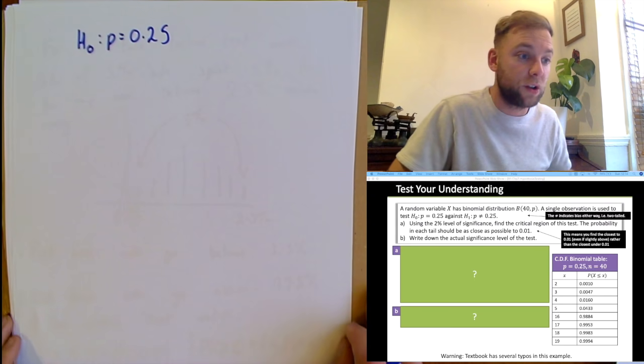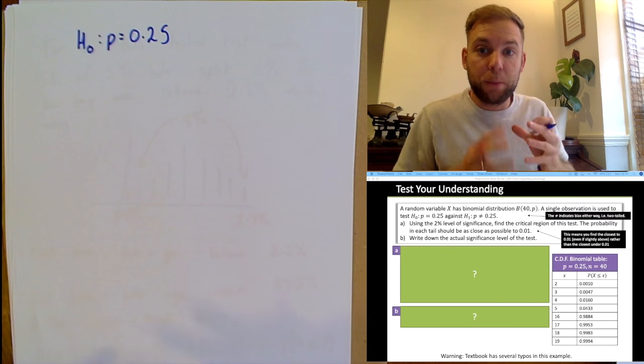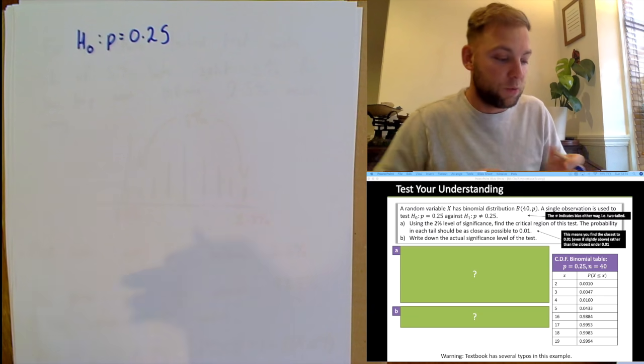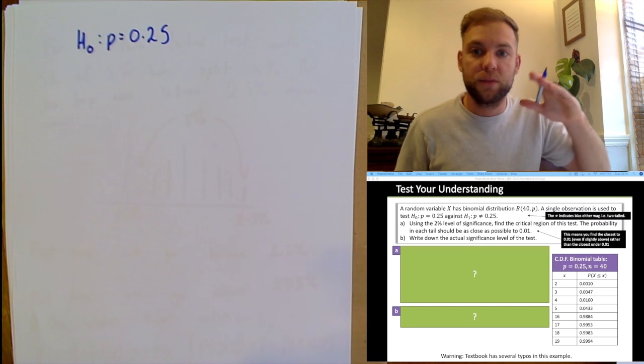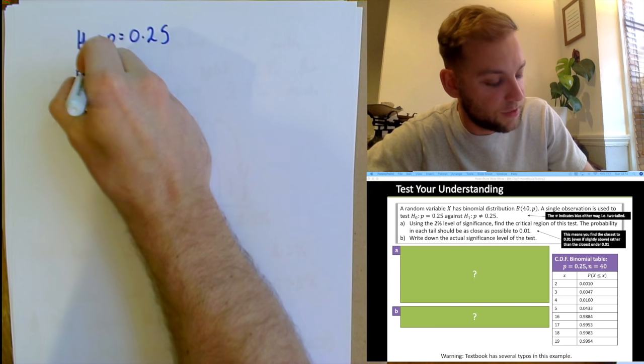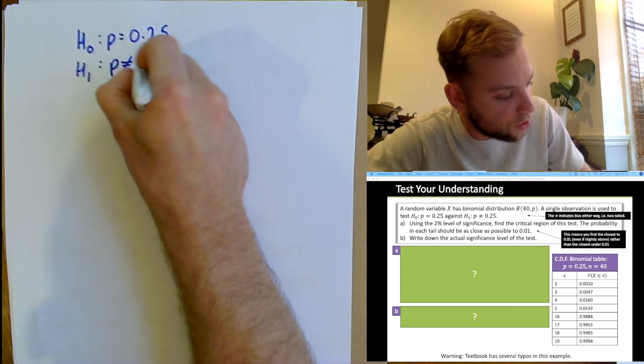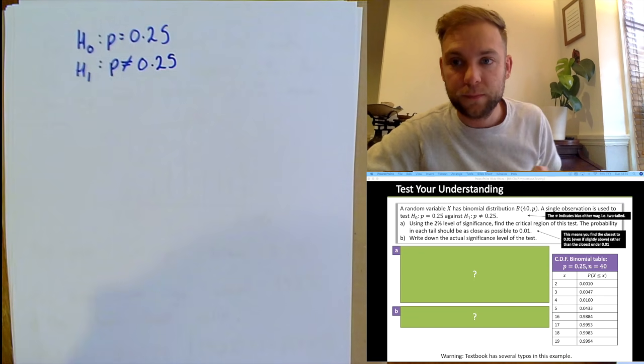Okay, that's our original hypothesis. We're saying that we don't think this hypothesis is true, in which case we're not saying it's positive towards the top end or positive towards the bottom end. We're just saying we don't think it's true, in which case our alternate hypothesis is that the probability is not 0.25. Okay?